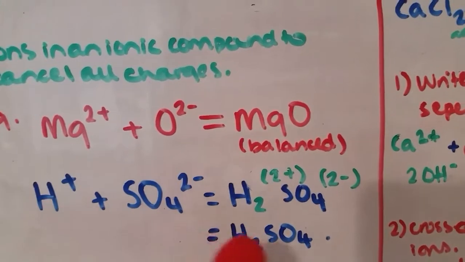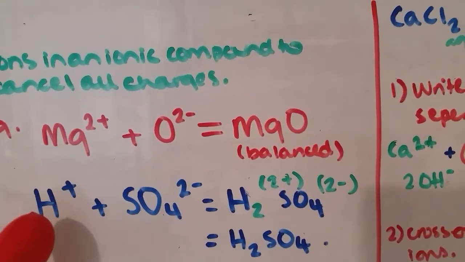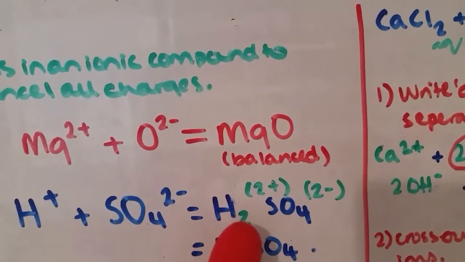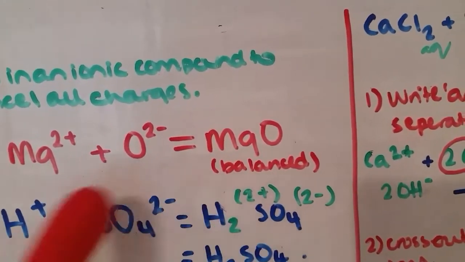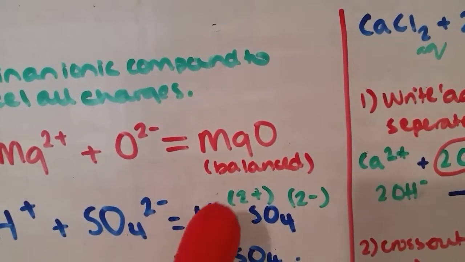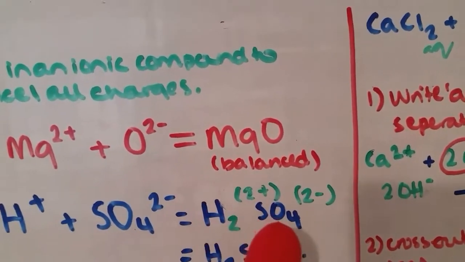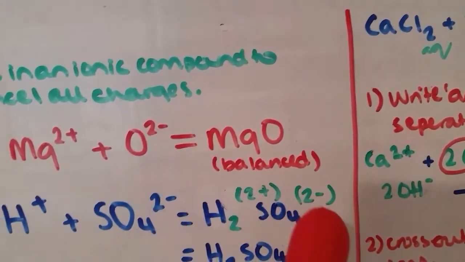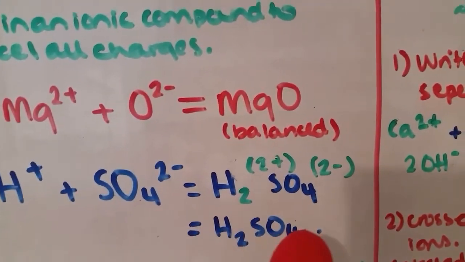Therefore, how do we balance it? We make 2 hydrogens. If you have 2 hydrogens, you end up with a 2+ charge because each hydrogen atom is 1+. 2 hydrogen atoms gives us 2+. SO4, we don't need to do anything to it because it naturally is 2-, which gives us H2SO4.